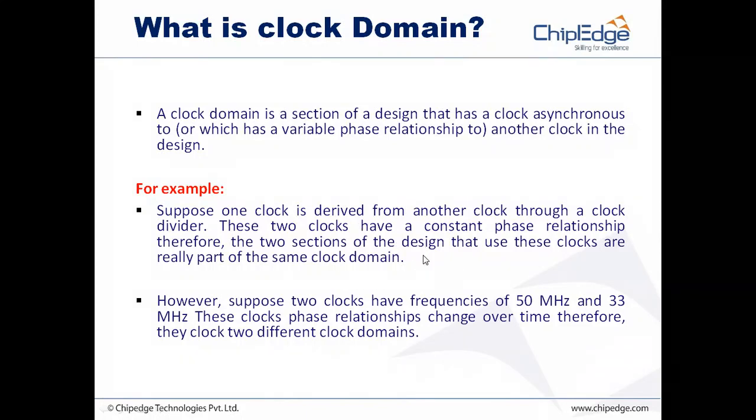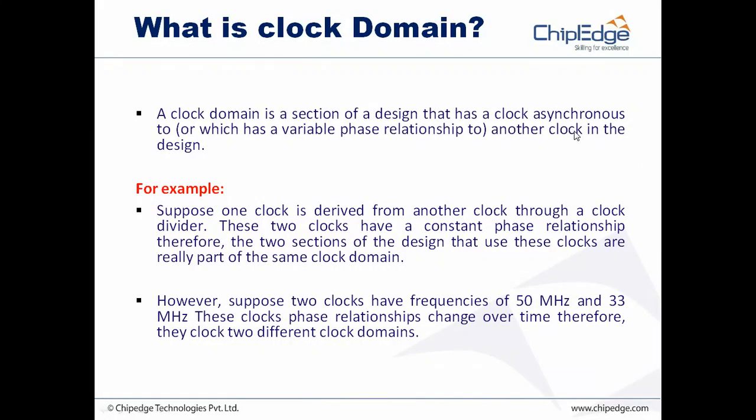Let's say a divide by two clock: a 100 megahertz clock is divided into 50 megahertz, so there is a fixed phase relationship between these two. Let's say this clock is going to some design and this clock by two is going to some other design. If there is a connection between them, we will treat it as the same clock domain.